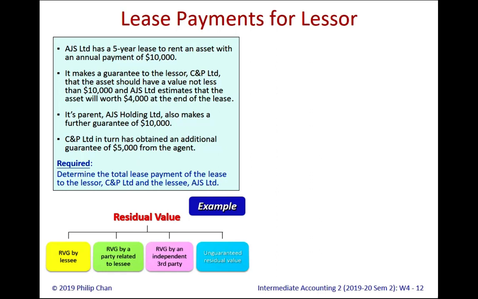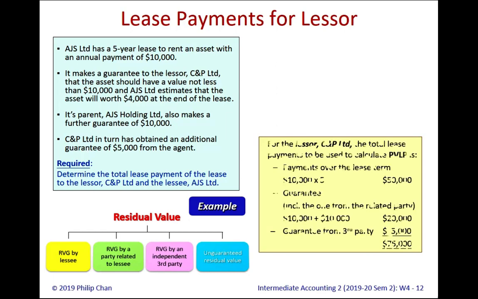Okay, let's work out the total lease payment from the perspective of the lessor CMP Limited. CMP Limited should receive 50,000 of lease payments without the guarantee, so 10,000 times 5 years, plus the guarantee to CMP Limited, the lessor.